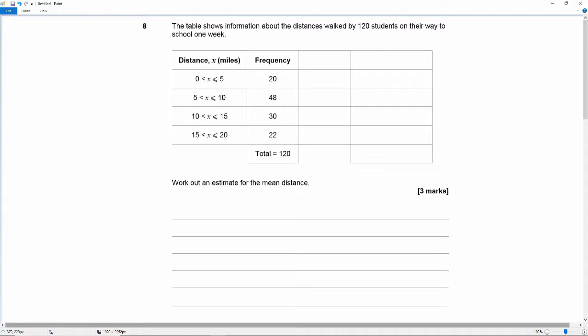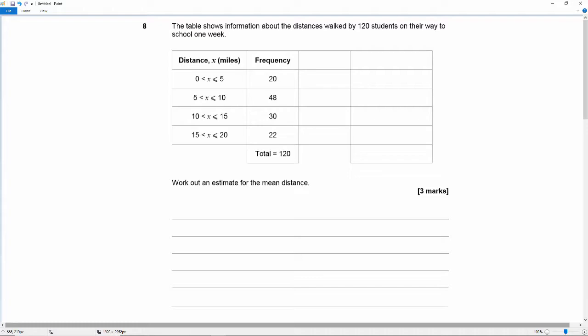Okay, so what we're going to need to do is estimate the mean number of miles between 0 and 5 and then multiply that by 20, and then estimate the mean between 5 and 10 and multiply that by 48, and so on and so forth.